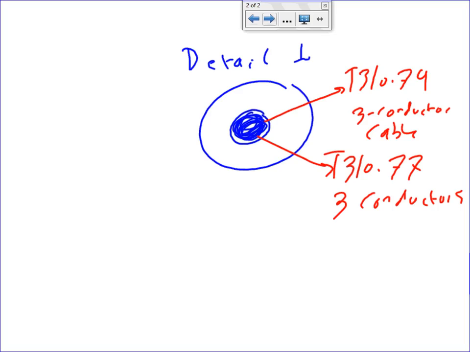Could be one cable, multi-conductor cable or cables. But no, these are round dots. I've never seen other than circular dots. And they can be PVC, could be 6-inch PVC, or they can make them from concrete.